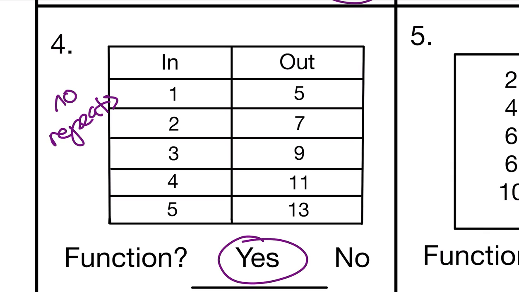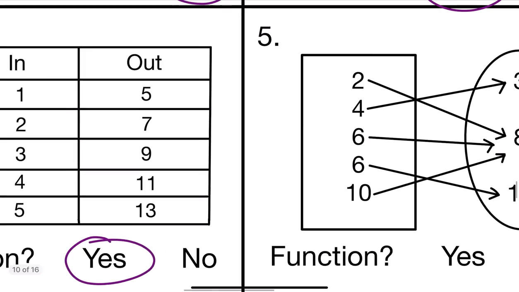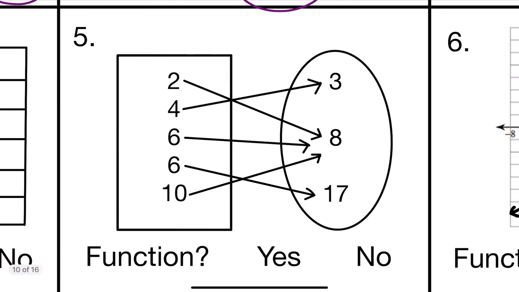Each number has its own output. None of those repeat, so we are good. Number 5. We got 2, 4, 6, 6, 10. We got 2 6s here, and they go to different numbers. So these do repeat. Since that happens, this is going to be a no.